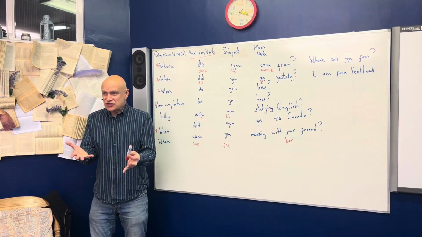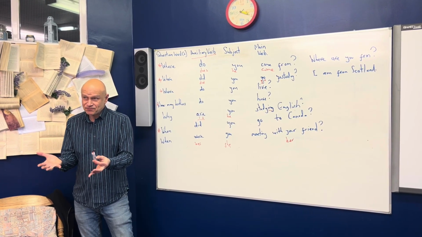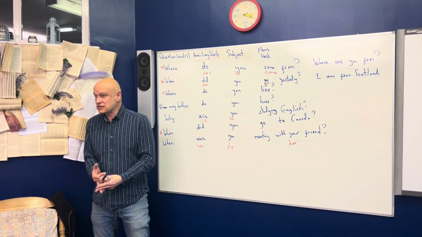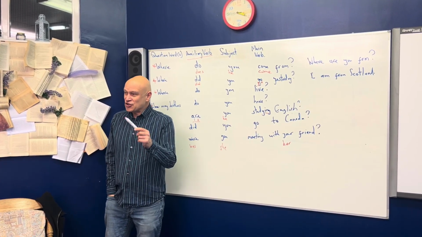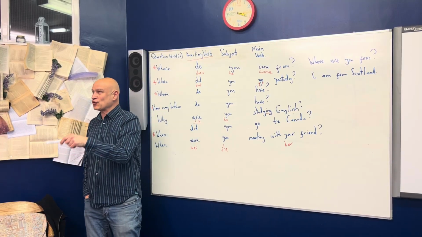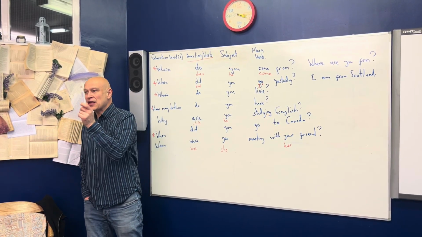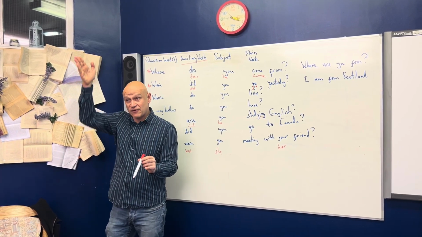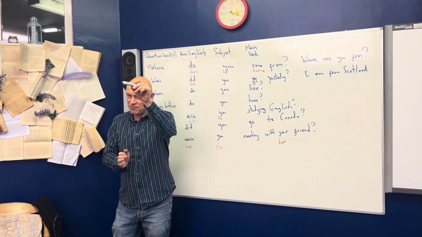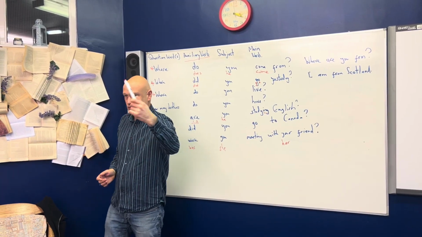One of the things I've noticed about you guys being Chinese and the Brazilians that I teach is that whenever I ask you for the name of a tense, you tell me that it's the simple present or the continuous past. I would prefer it if you used present, past or future first and then the simple or continuous or the perfect or whatever.